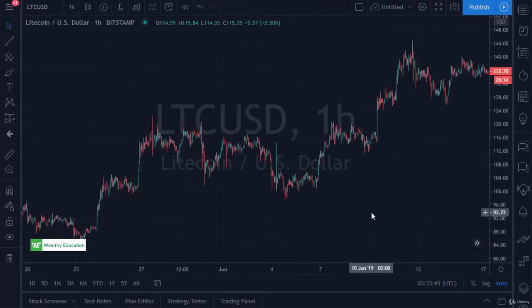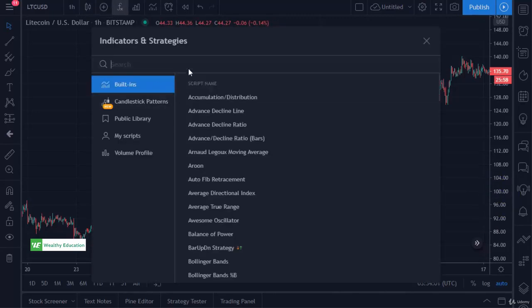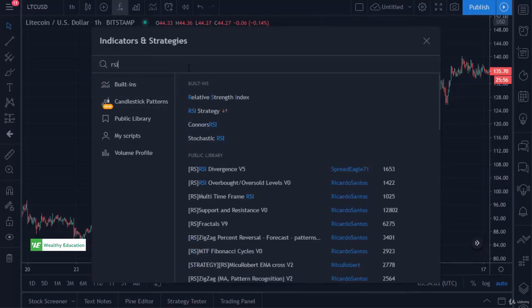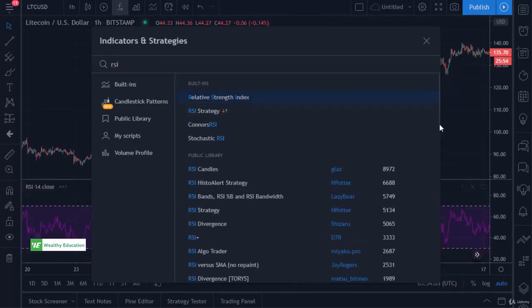So Litecoin formed this little pattern here. Again, large number comes into play. $100 right here at the bottom of this pattern. $100 is about as big and round of a number as you can get. You can put in something like an RSI.